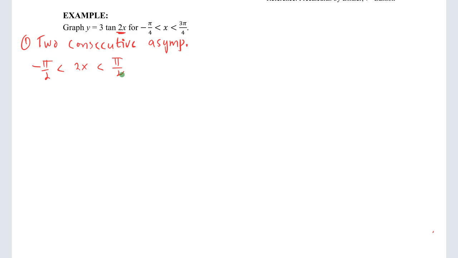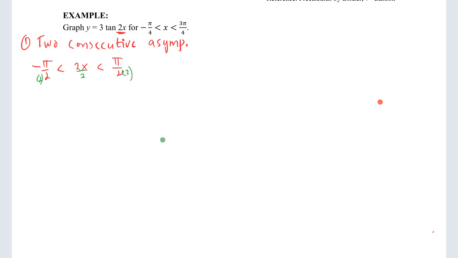Like I mentioned, we need to completely isolate the x here by dividing all parts of the inequality by 2. So dividing this by 2, this also by 2, and then by 2. When I say dividing when you're working with a fraction, that just means you are literally multiplying that value into the denominator.